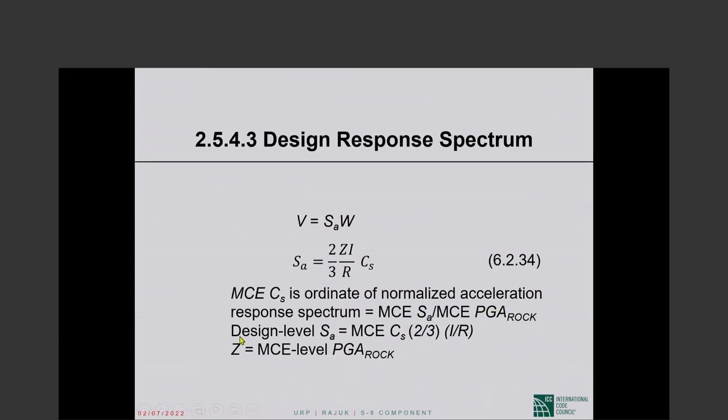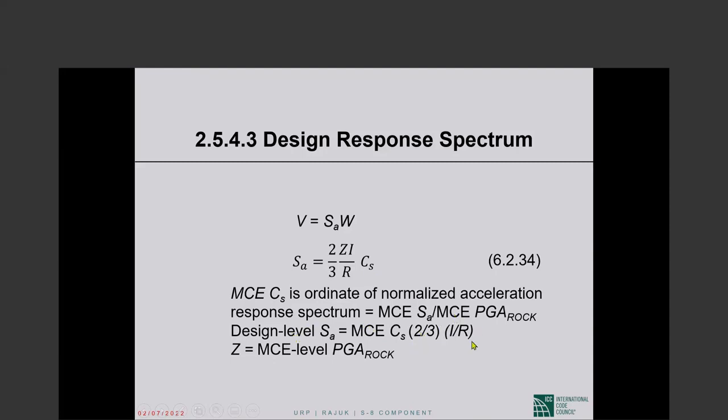Now, design level S sub A is the MCE level C sub S multiplied by 2/3 to go down from maximum considered earthquake to design level.